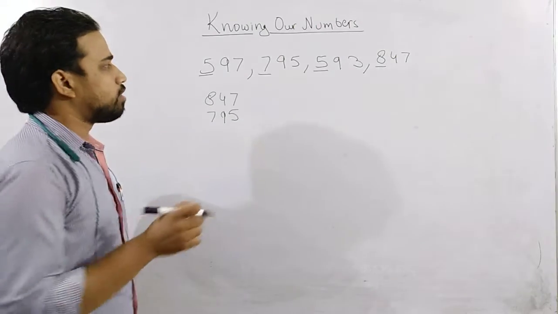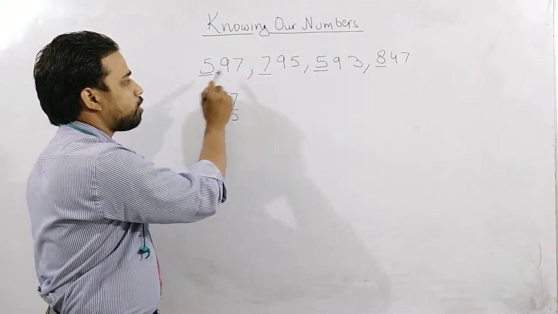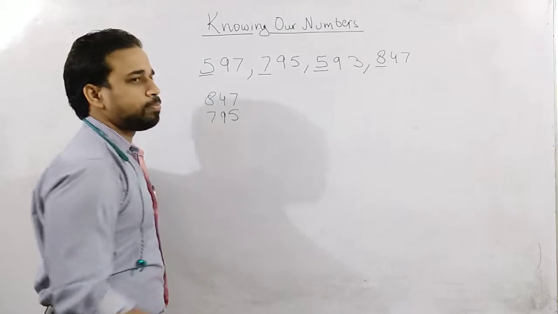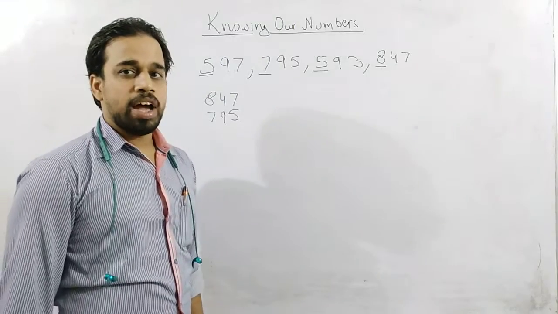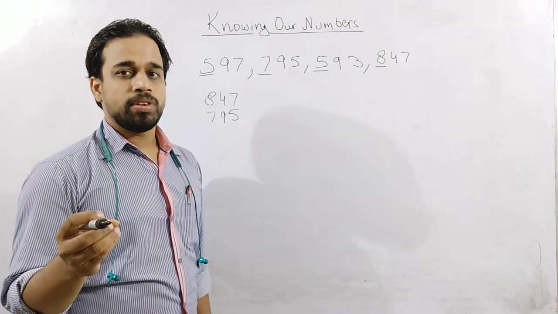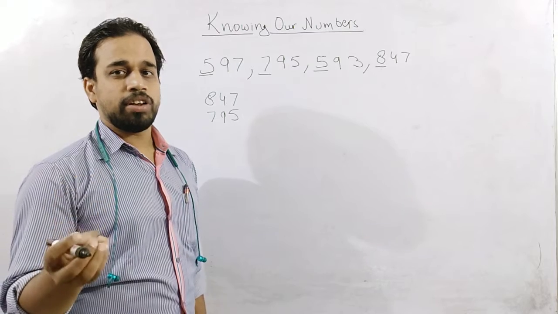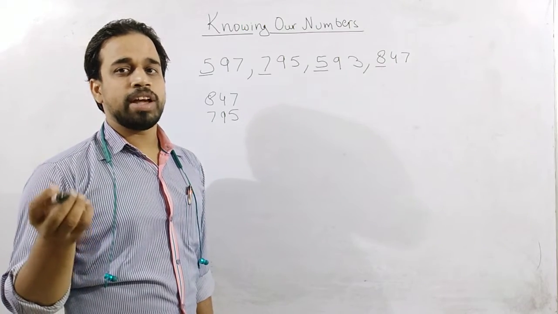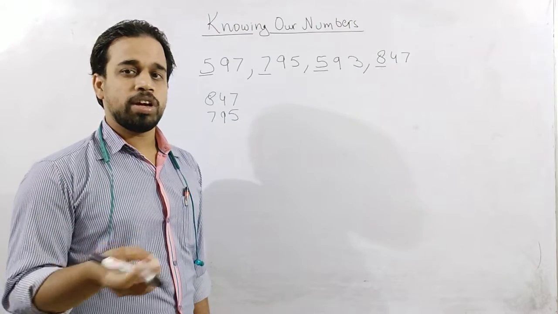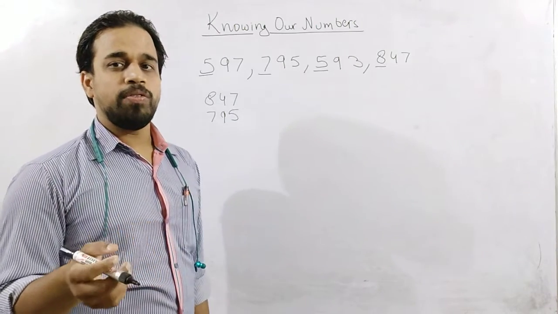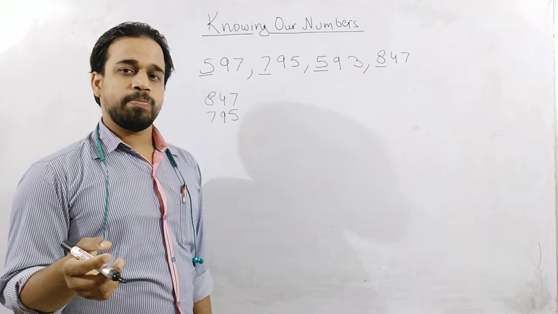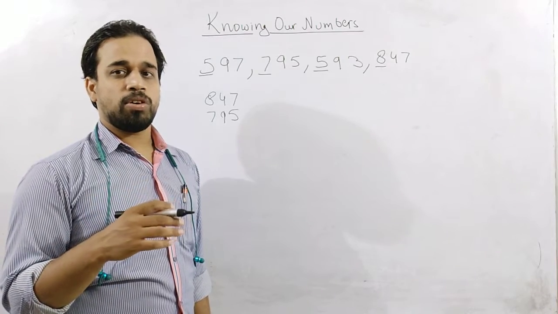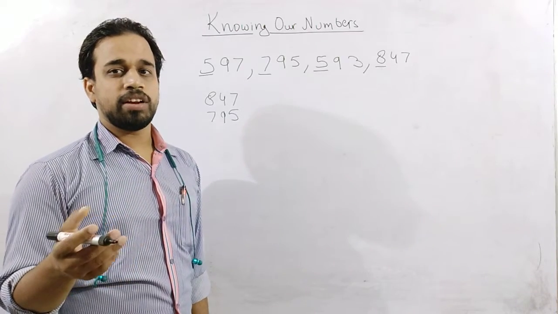The problem is the two numbers that are left on the board both have 5 in the 100 position. So how will we know if the first or the second one is greater than the other?